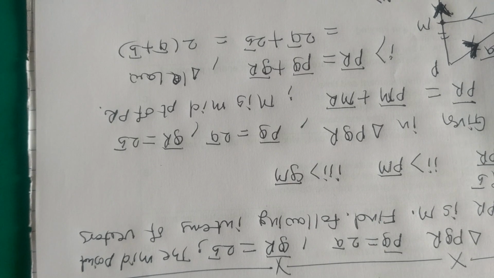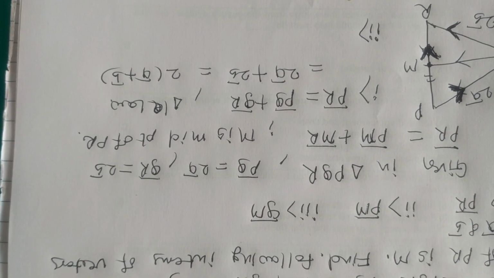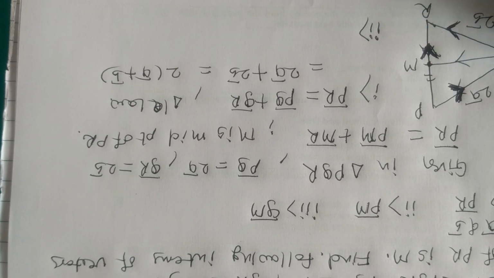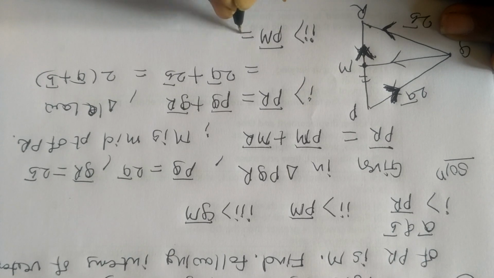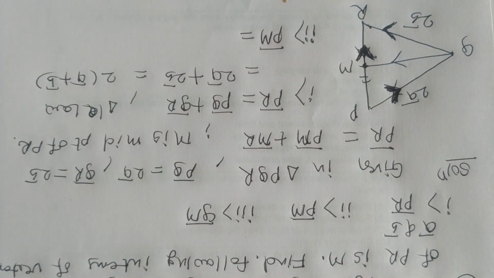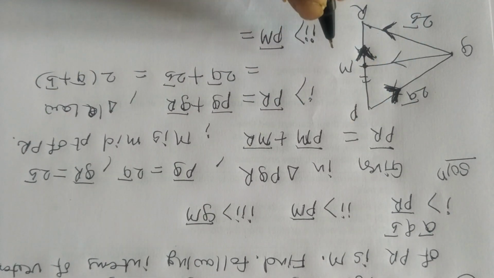Now the second question is to find the value of PM bar. PM bar is nothing but half of PR bar, as M is the midpoint.